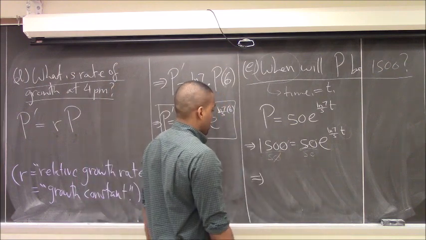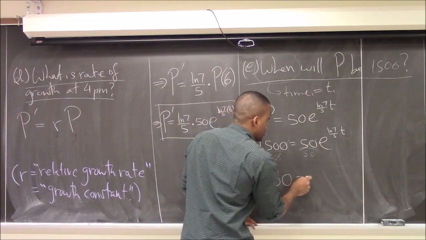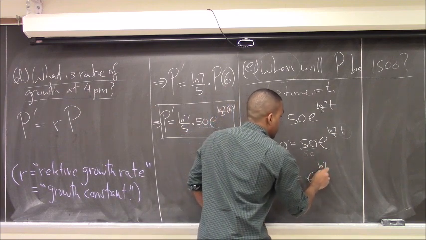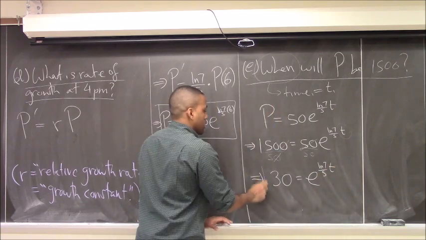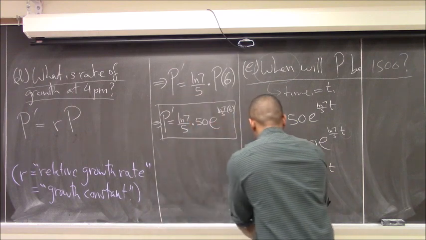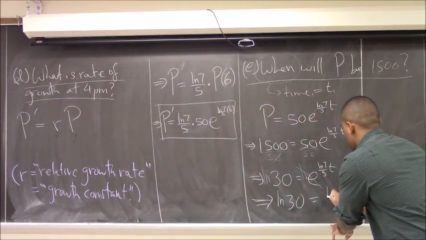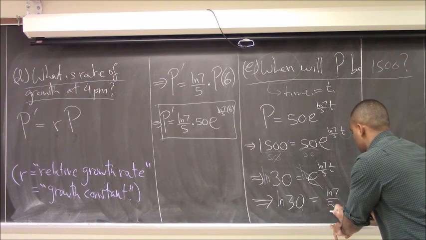So this becomes 30 is equal to e to the ln of 7 over 5 t. Of course, we all know this game now with ln both sides, so we get ln of 30 equals ln of 7 over 5 t.